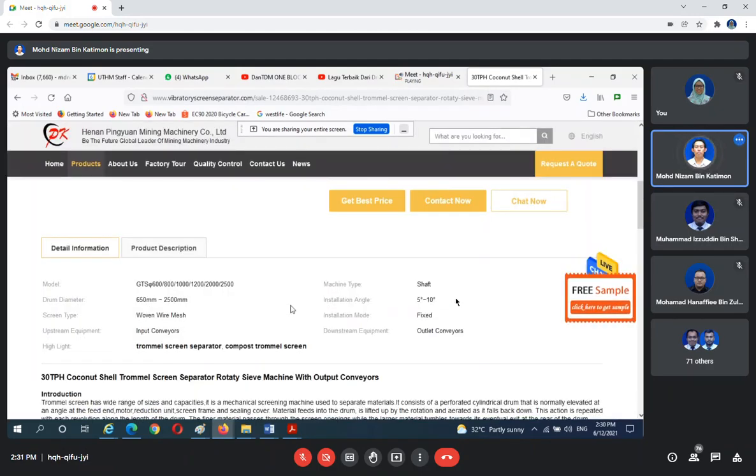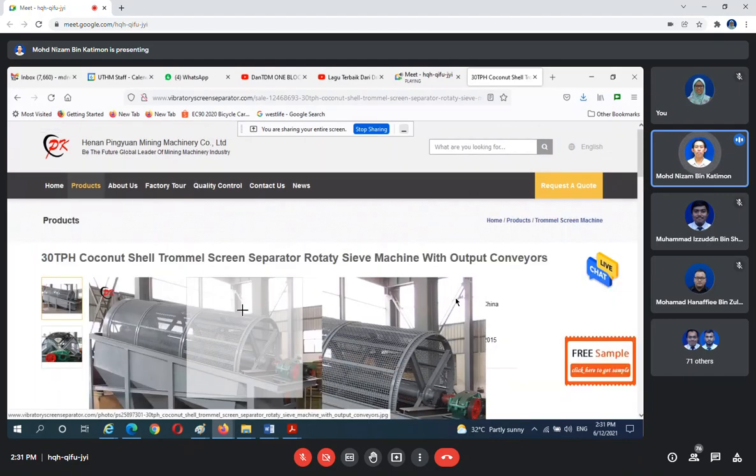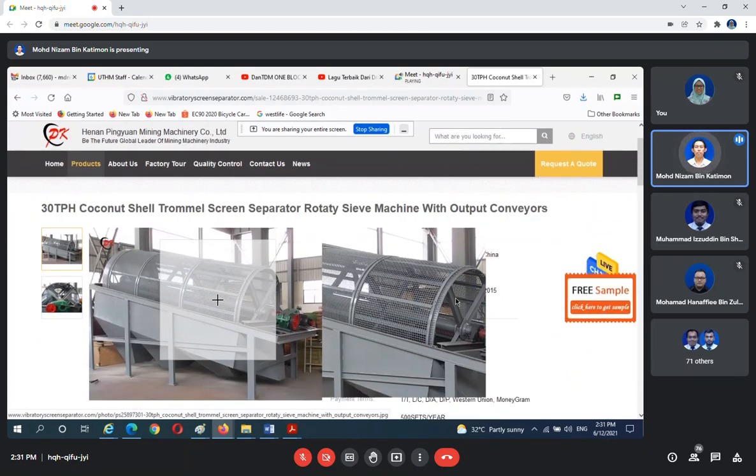What is the drum diameter? From there you can get some ideas about the capacity. This is a coconut. One coconut shell, you estimate the weight, and then from the volume, let's say quarter, volume times mass, you can estimate the total weight.